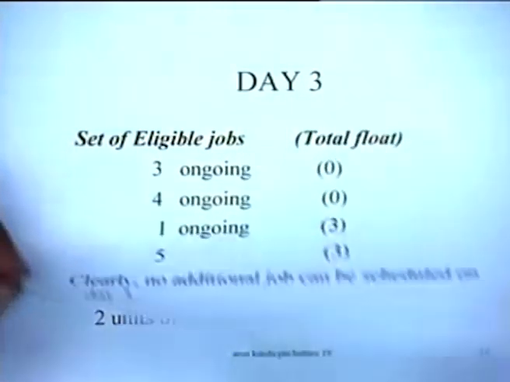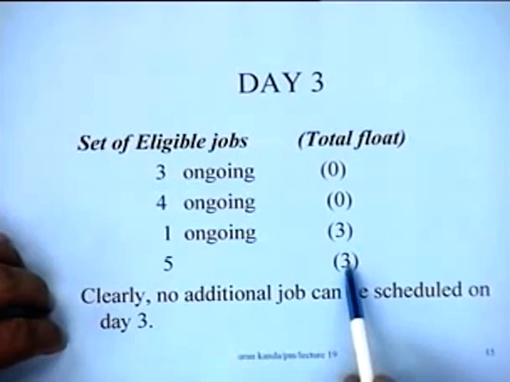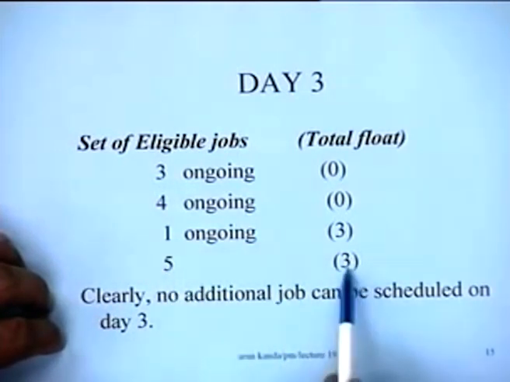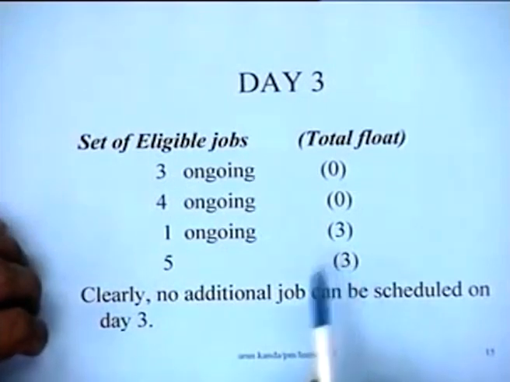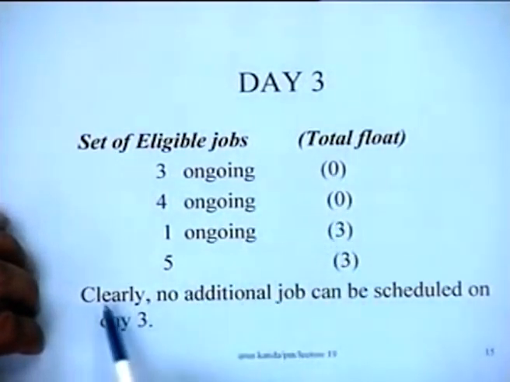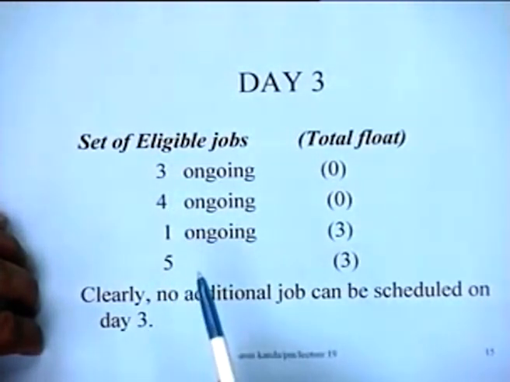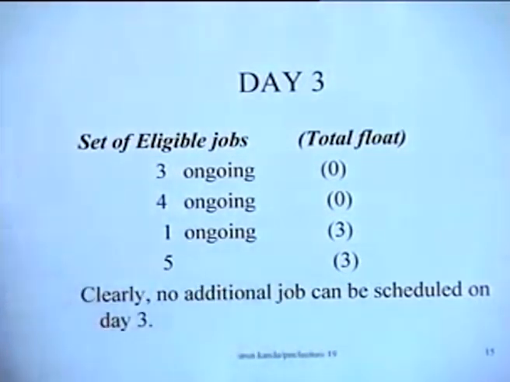It had a float of 4 days, but now it has a float of only 3 days because we have already postponed the start of 5 by 1 day, right? So this is what has happened. On this particular day, clearly no additional job can be scheduled because it cannot be accommodated with these ongoing jobs.